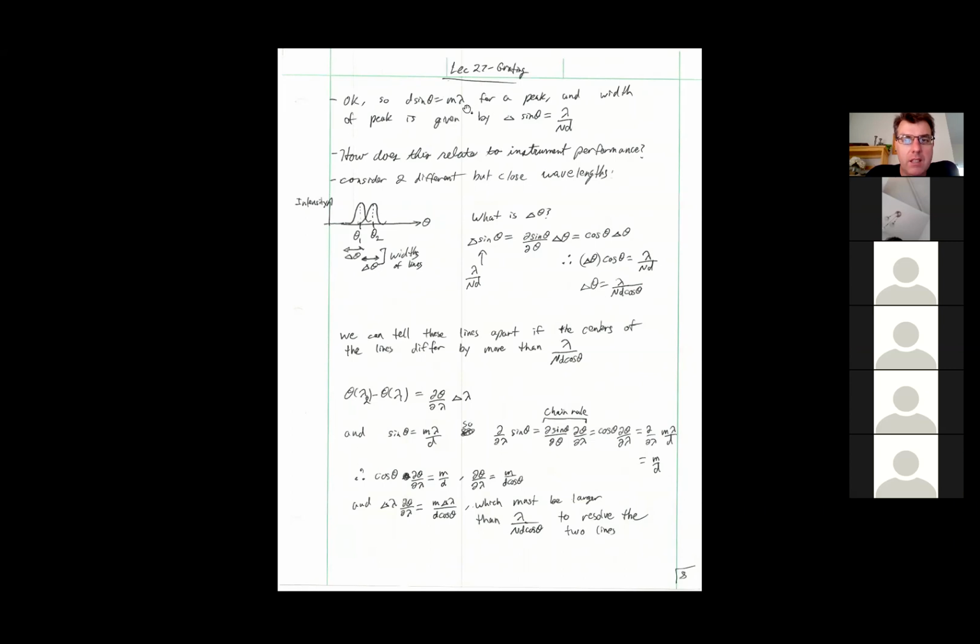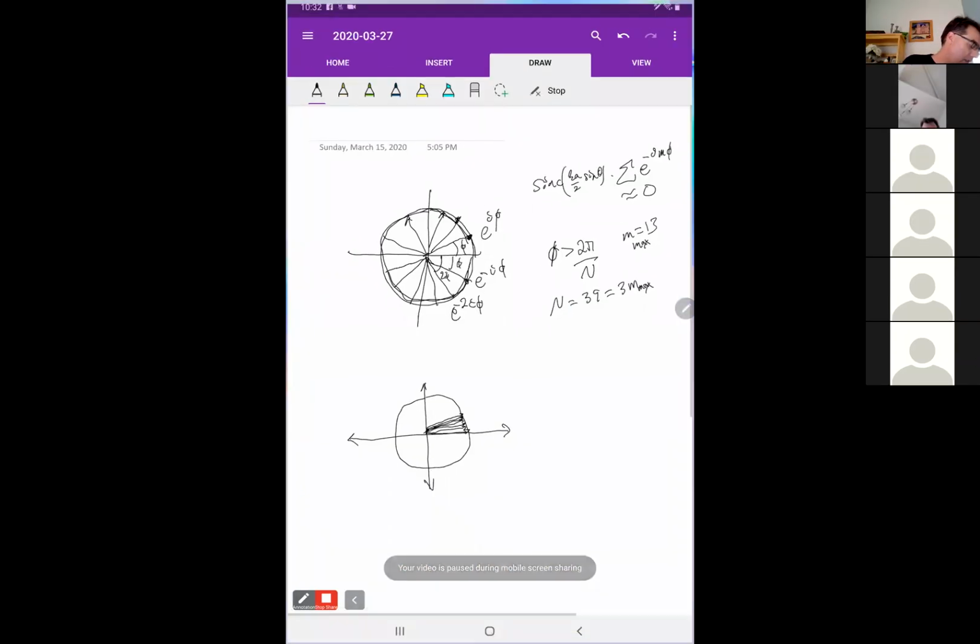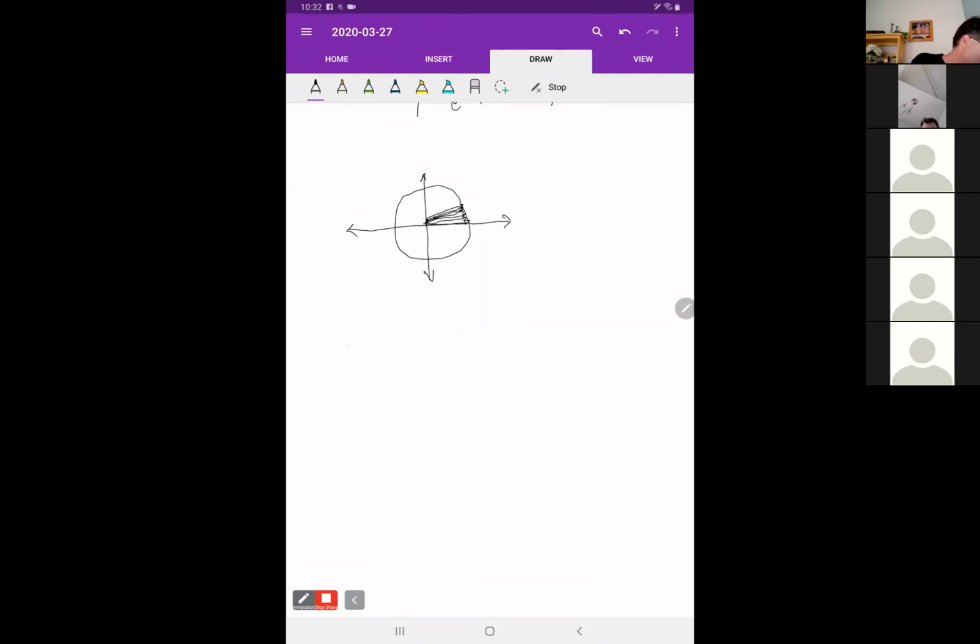Okay, d sine theta equals m lambda for a peak. And we established that the width of the peak is given by delta sine theta is lambda over nd. That may not look familiar, but remember that delta phi is the change in kd sine theta, and that's 2 pi over n going from the peak to there.